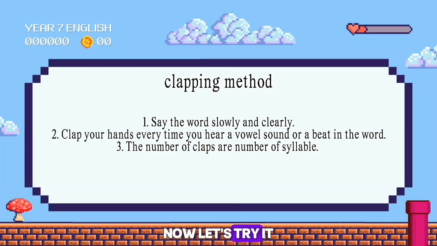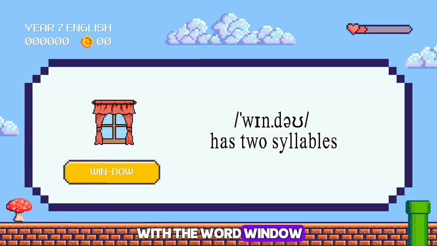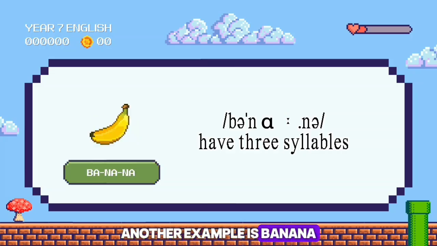Now, let's try it with the word window. Say it slowly, window. And then clap every time we hear a vowel sound. Win, do. So you clap 2 times, which means the word window has 2 syllables. Another example is banana.